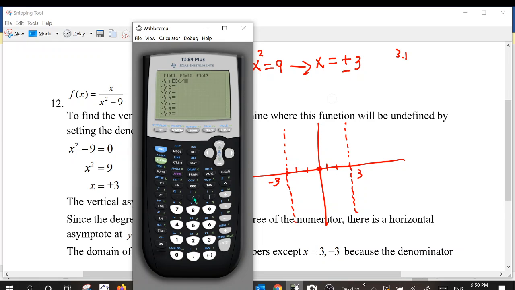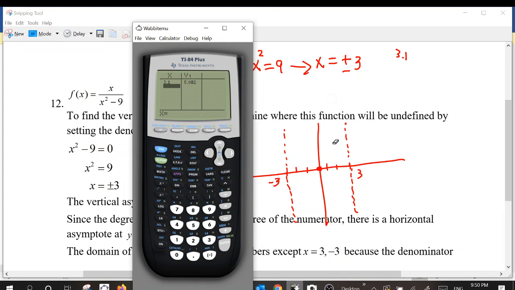So we use the same trick that we used in the previous video. So what we do, we put this function in y1. So that's x squared minus 9. And then we just want to use the table feature. So make sure this is on ask, and then we go to table. Let's get rid of that. Let's put 3.1 in there. Is it a positive number or negative?